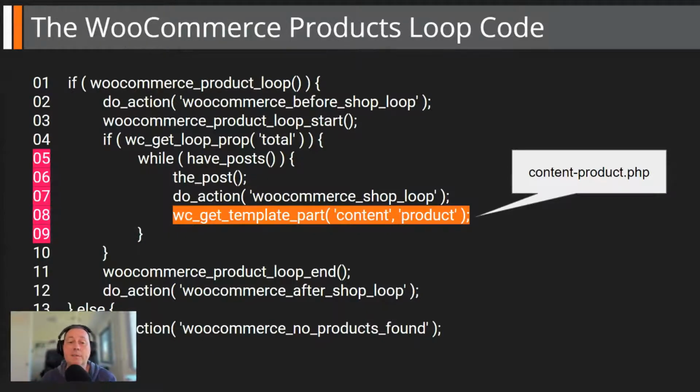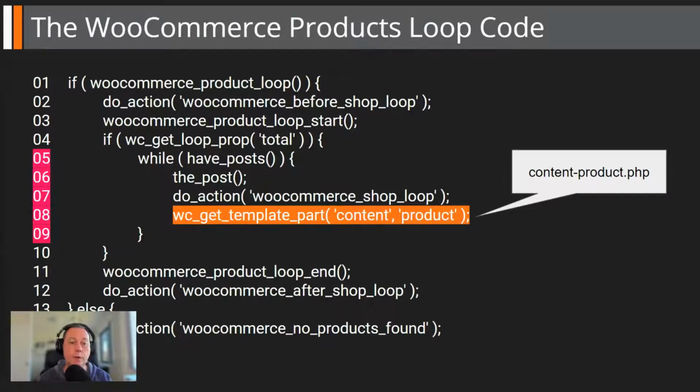That basically links to the file /templates/content-product.php, and that's the file that actually outputs the product. If you have a look in that, you'll see it's got product title, date, thumbnail, all that sort of stuff. So that's a part of the template that renders just that single product. And then it loops around again.